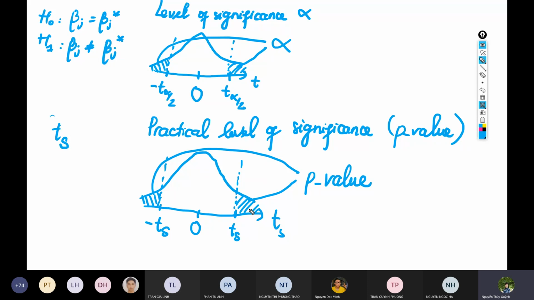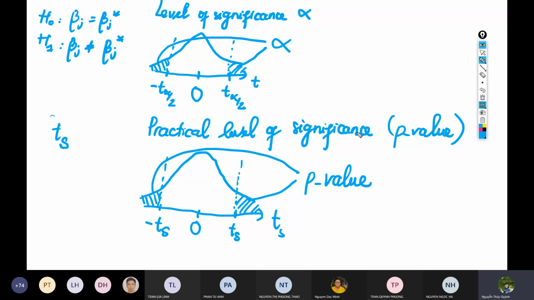All right, now for the case of a two-sided test, this is the region of rejection. The dark ones here are the regions of rejection for a two-sided test.